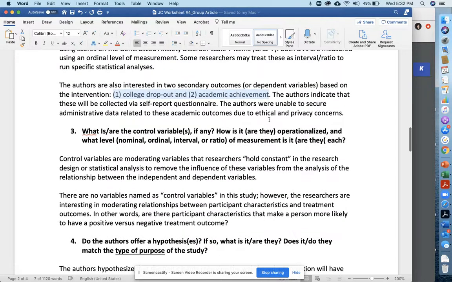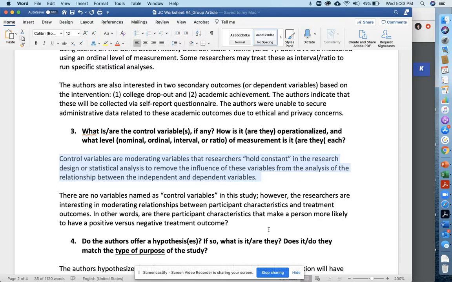All right, so let's think about control variables. First, let's think about the definition of control variable again. So a control variable is basically a moderating variable. And moderating variables are also sometimes called extraneous variables. So variables that influence the relationship between the DV and the IV that aren't the intervention itself.